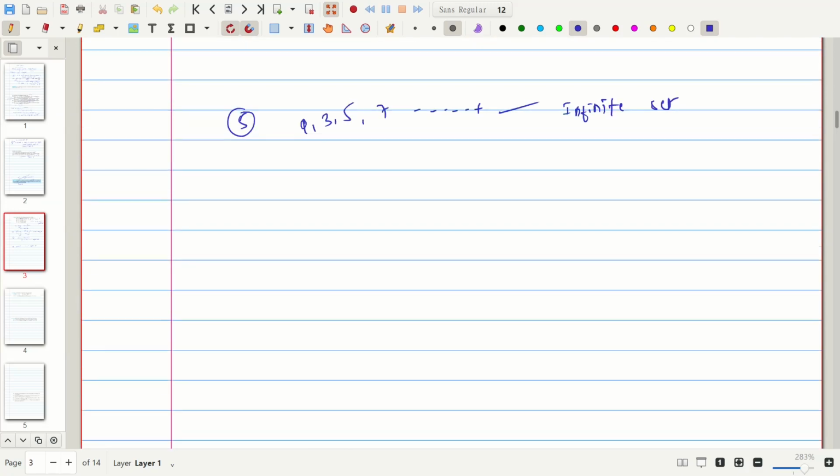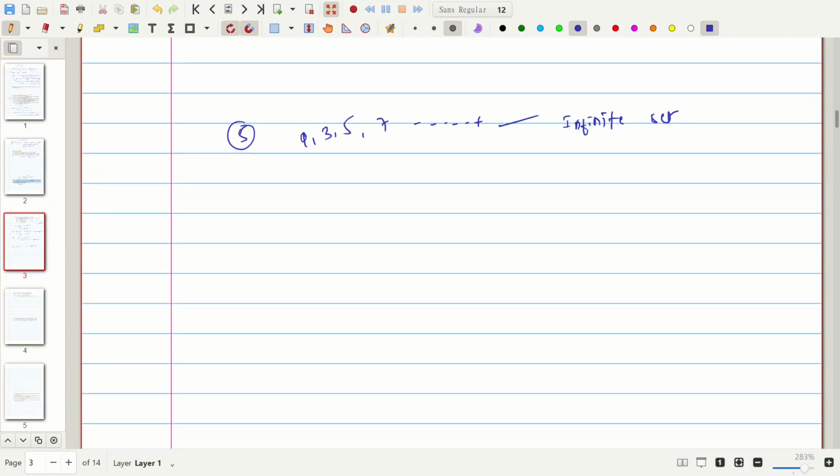Now we'll discuss what equal sets are. What is the meaning of equal sets? As the name itself suggests, there will be two or more sets. Suppose A and B are two sets.